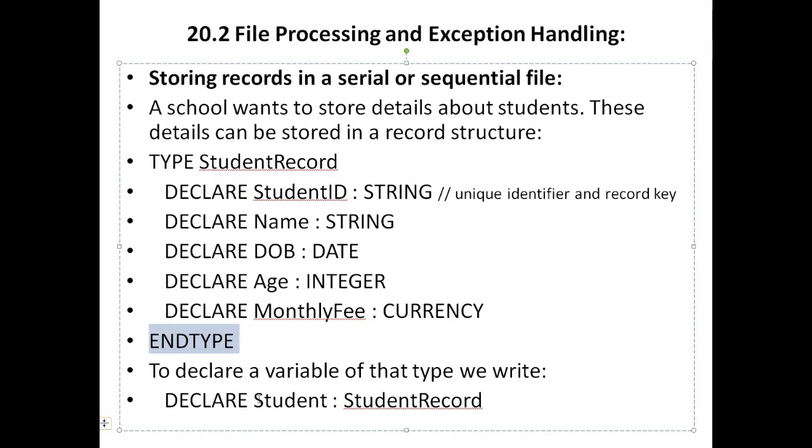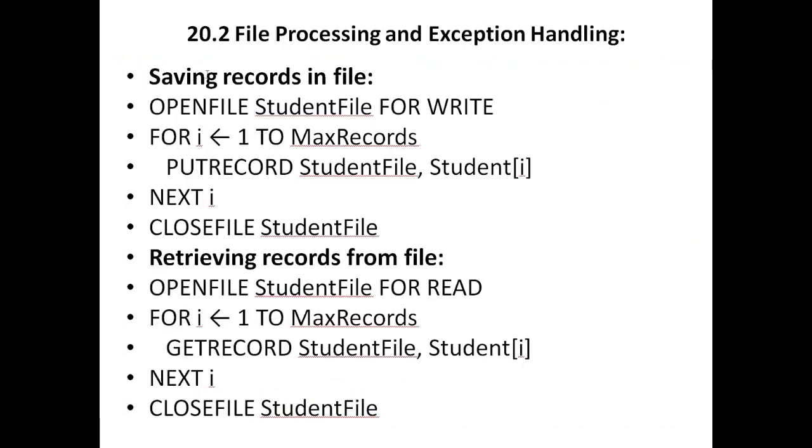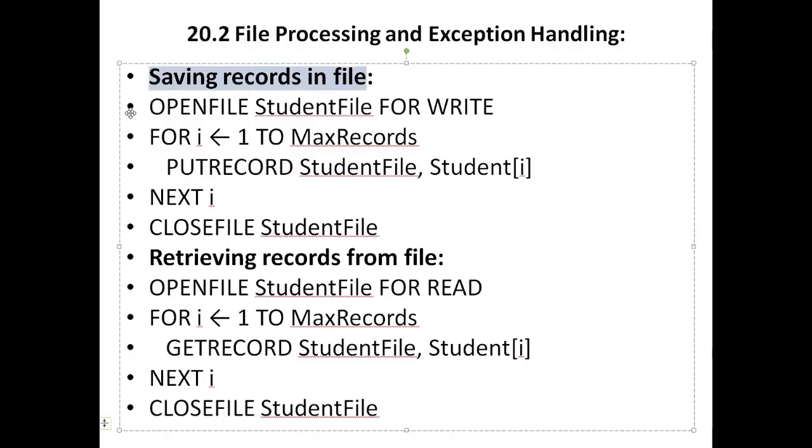Now you declare a variable of record data type such as Student, and the data type assigned to it is StudentRecord that you just created. Then in order to save a record in a file, you open the file, for example StudentFile or StudentFile.txt, for WRITE, because you're saving data into it, or creating a file.